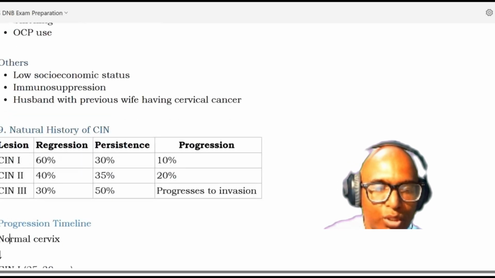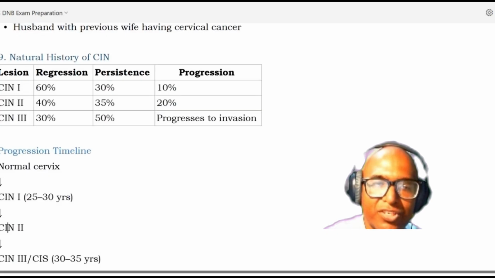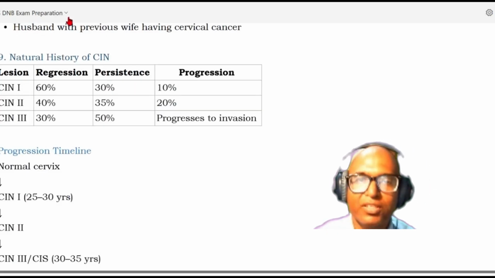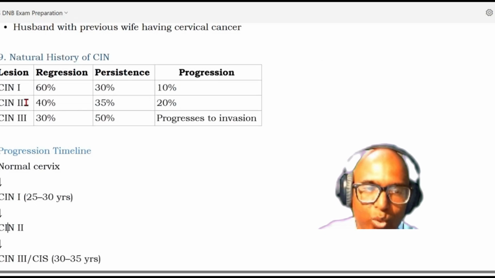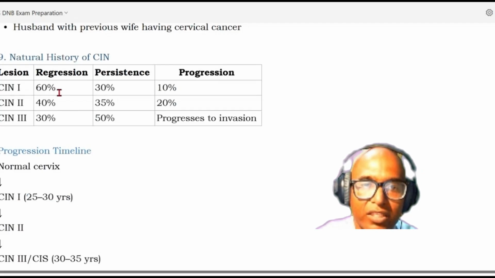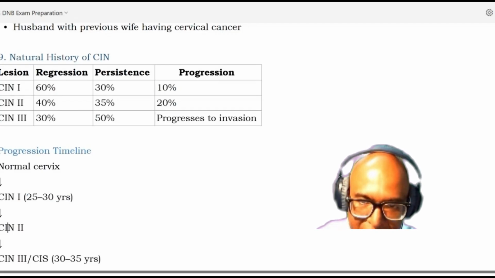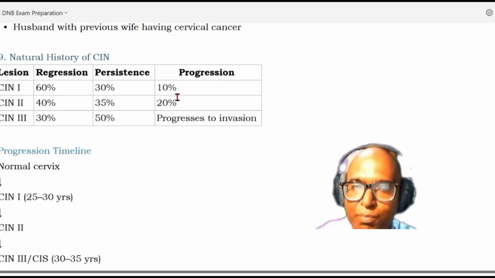And this you should know, and you should mention the natural history of the CIN. We know that there is CIN 1, CIN 2, and CIN 3. But the most important thing, if you see, CIN1 regression rate is high: 60% will regress, 30% will persist, and only 10% is the progression rate.